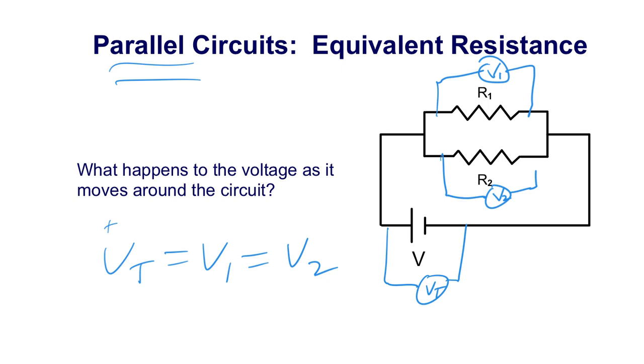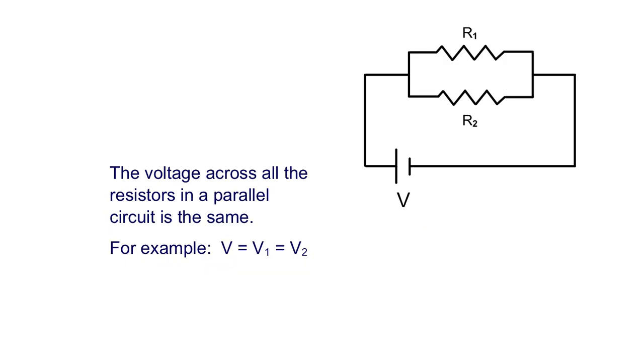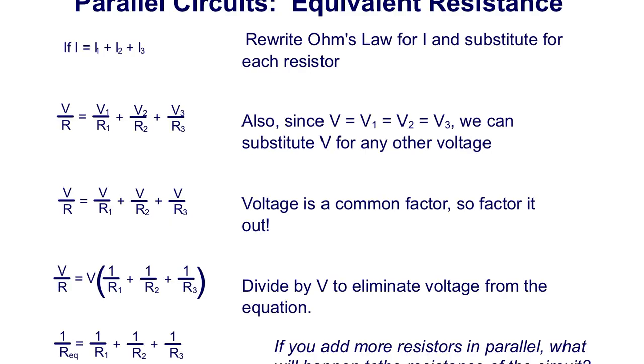Okay, so this is much like the IT equals I1 equals I2 rule for series, so don't get it mixed up. So here, just what I just said. I'm just going to circle the rules that apply.